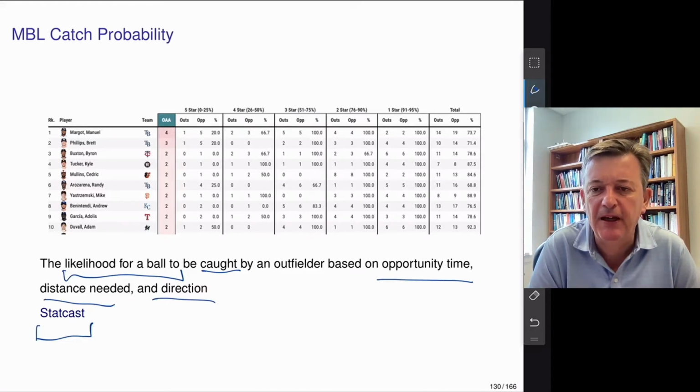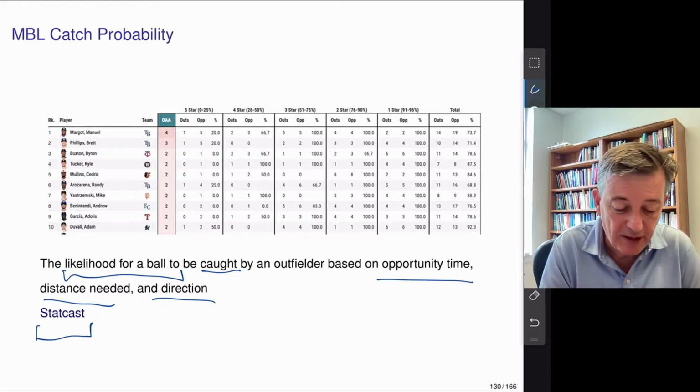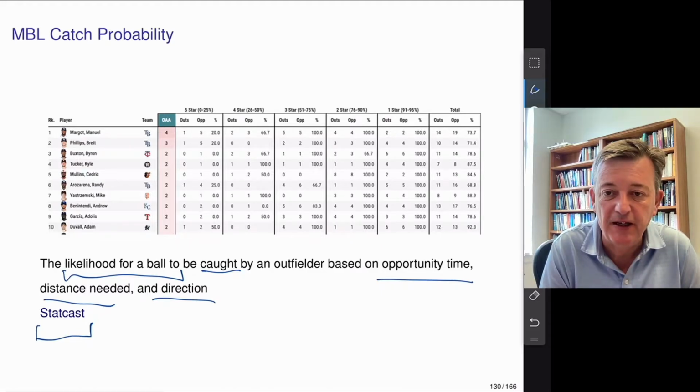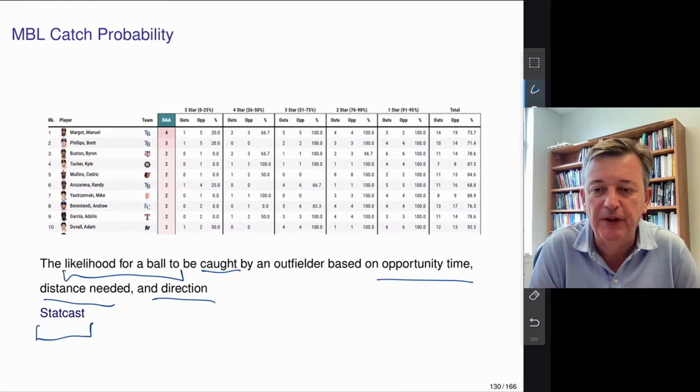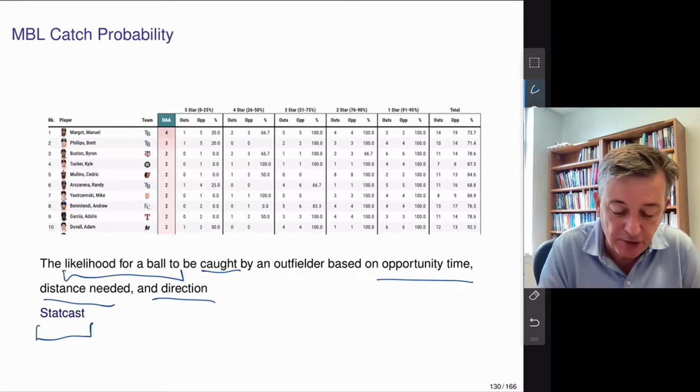And a couple of my ex-students have gone on to work at data analytics teams for these baseball teams. So Zach Aldrich is one, has a good time and very interesting jobs, and a lot of interesting data to look at and modeling to be done. So can I predict the probability an outfielder will catch a ball as a function of variables? And in some sense, you're looking for outliers.